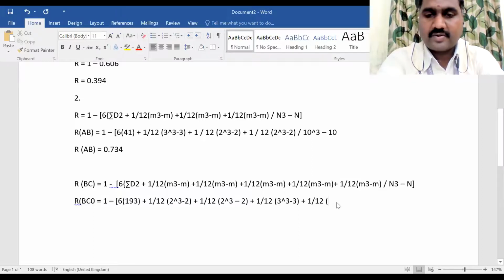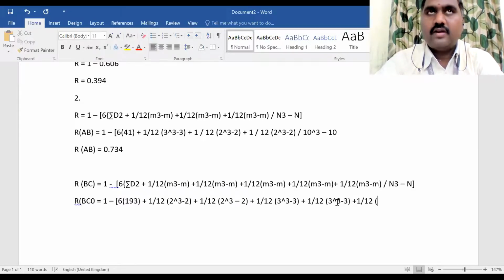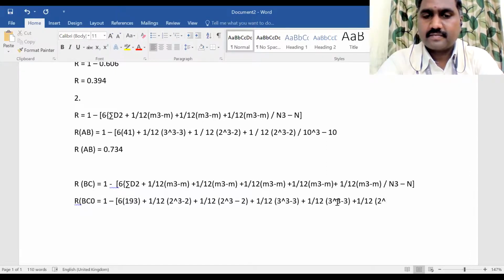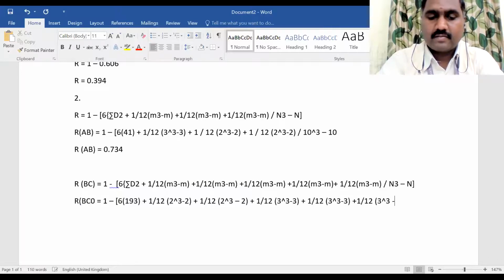Okay, 5 is repeated 3 times. So 3 power 3 minus 3. And the last pair is 1 by 12 into the last one, 2. 2 is also repeated 3 times. So 3 power 3 minus 3. Okay, divided by total n is the same, 10 power 3 minus 10. That's it.